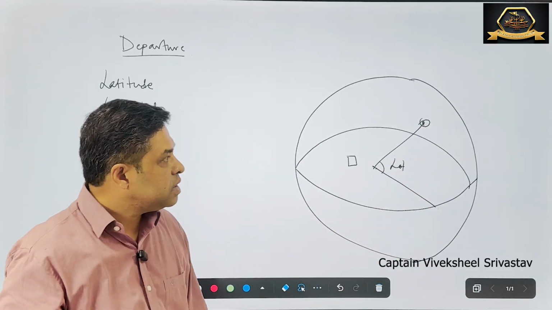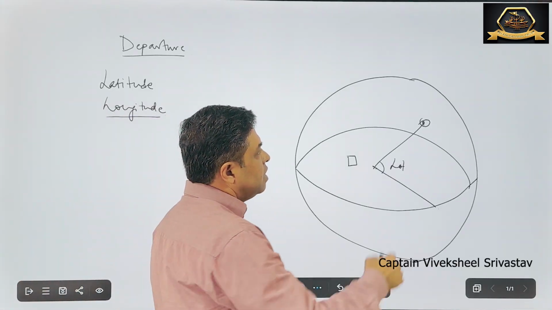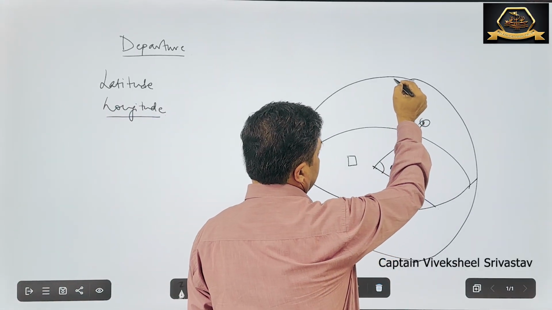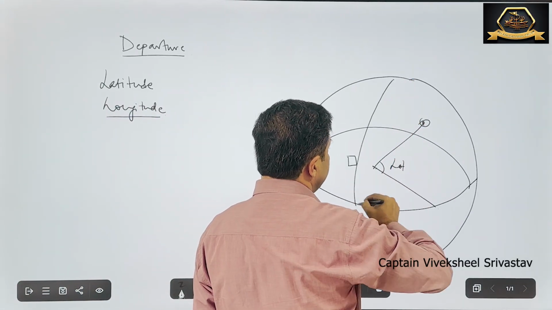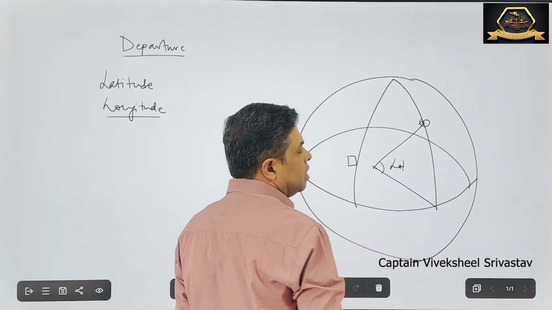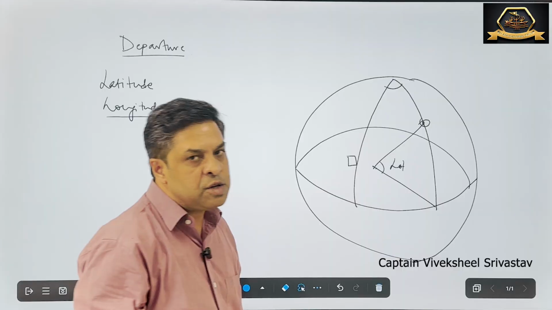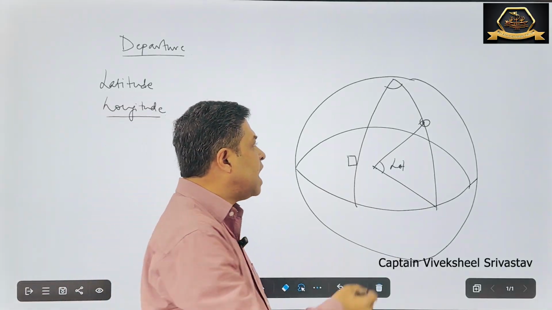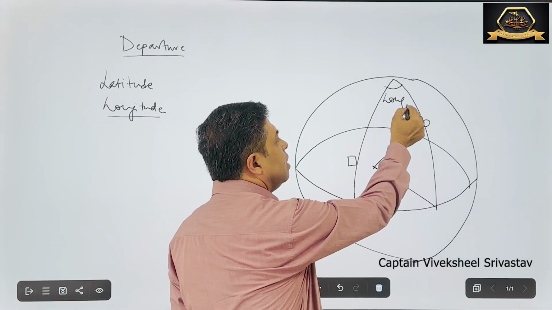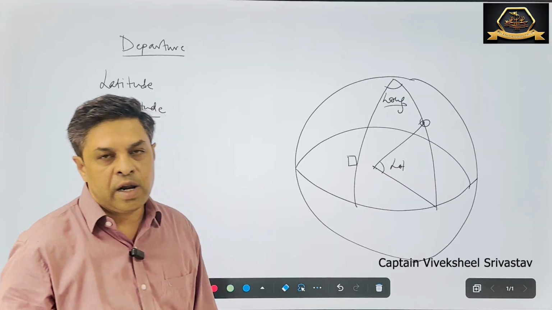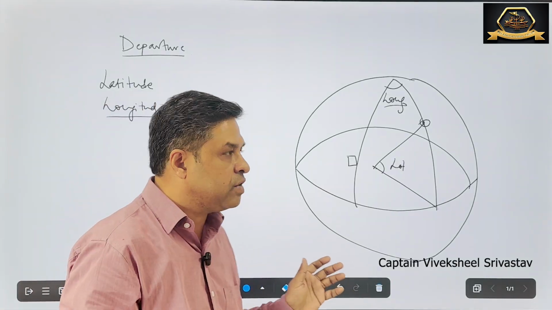And longitude is the angle contained at the poles between the Greenwich meridian and the meridian passing through the observer. So Greenwich meridian or the prime meridian, and that will be your longitude, right? So these are the basic coordinates for position fixing on the face of the earth, right?